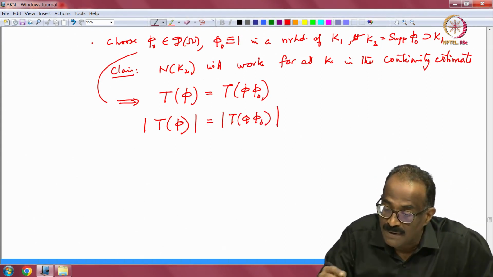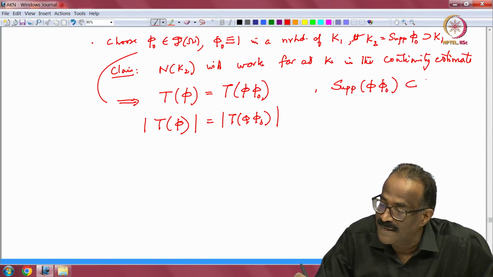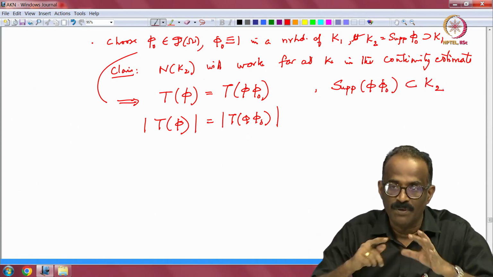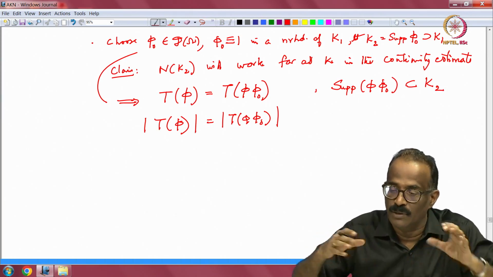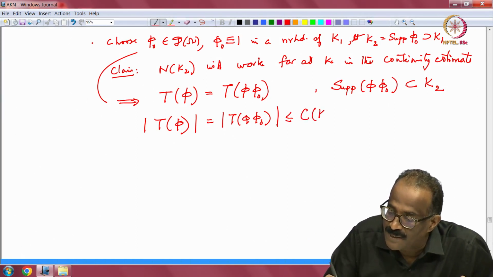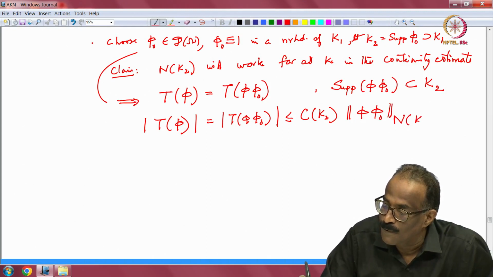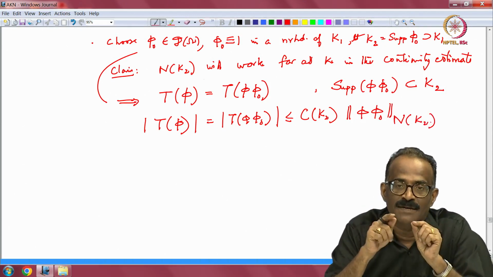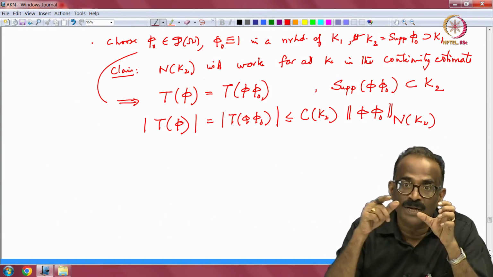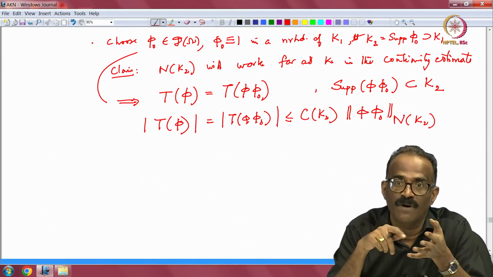And now observe that the support of phi naught is contained in K2, because phi naught's support is K2. So this is less than or equal to, by the continuity estimate, the norm of phi naught in N_K2. But note that now phi naught is a fixed element, and you can apply Leibniz for d alpha of phi naught.